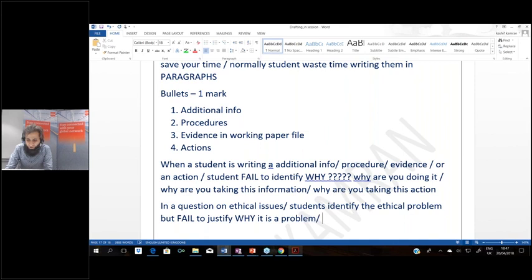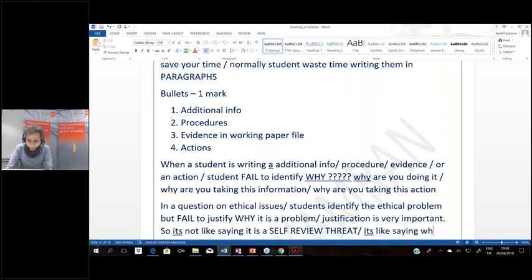So again, the justification is very important. So it's not like saying it is a self-review threat. It's like saying why it is a self-review threat.